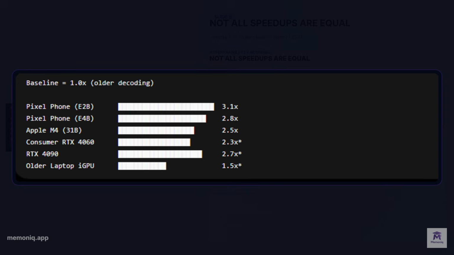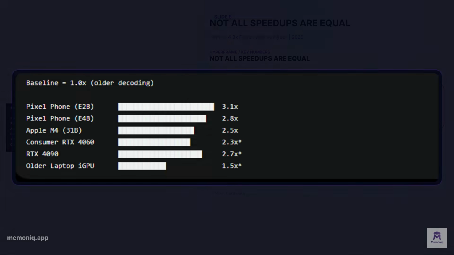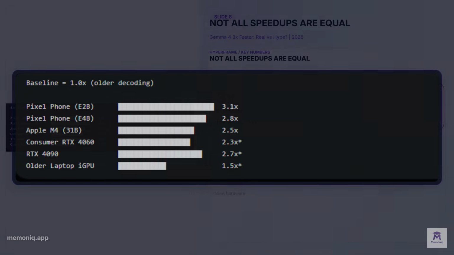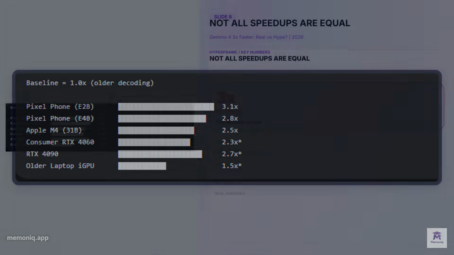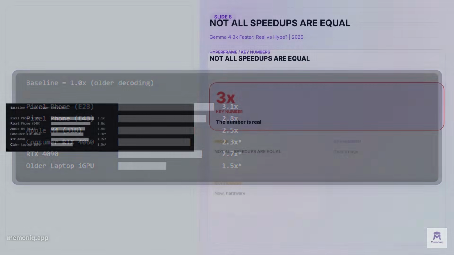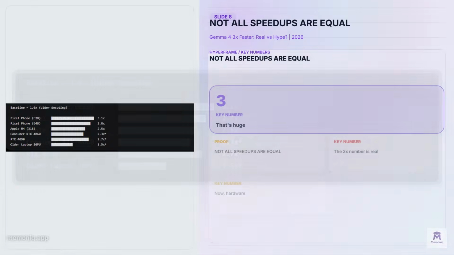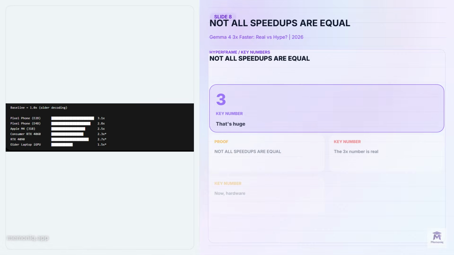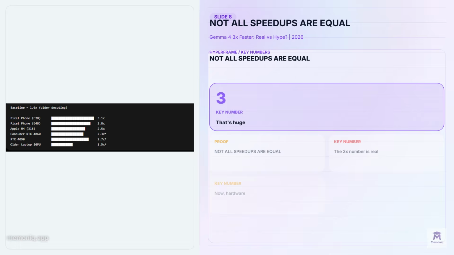The larger models, the 26B MoE and the 31B dense, are where things get interesting for desktop users. On an RTX 4090, the 31B hits that 24 tokens per second number. On an RTX 3090, you're looking at closer to 15 tokens per second, still very usable for a coding assistant or a chatbot, but not quite real-time conversational speed.